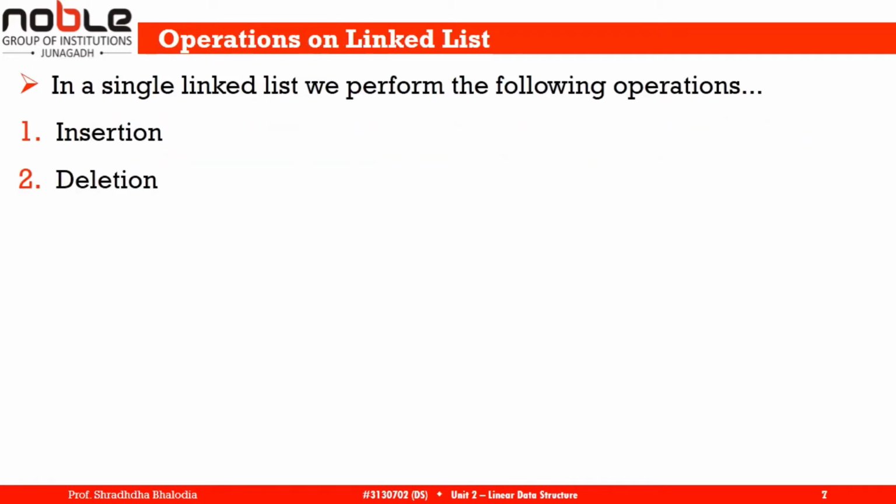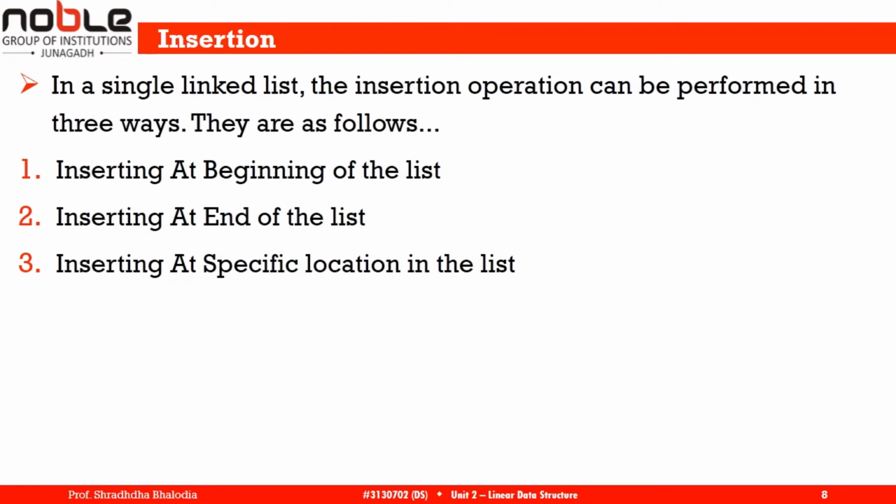Now we move forward to the operations performed on a linked list. There are two operations performed on a linked list: first is insertion and the other is deletion. As we already saw, a linked list is a type of dynamic structure. So there are three types of insertion.